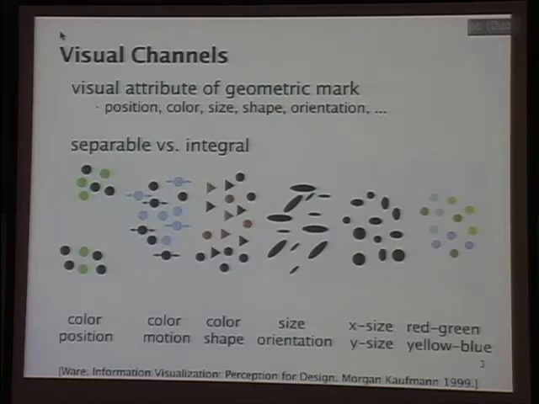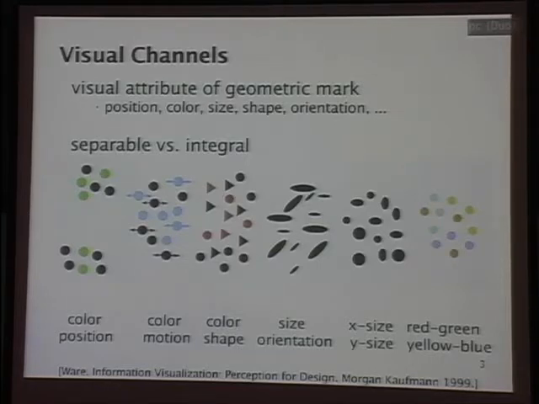These are not all orthogonal channels in the way that the human brain actually interprets visual information. So some of these are quite nicely separable in your brain. So for example, on the left, it's really easy to see that there's 2 groups of dots, one on the top and on the bottom, so we're encoding by position. And it's really easy to see that there's green dots versus black dots. So those are 2 highly separable visual encodings, no trickiness here.